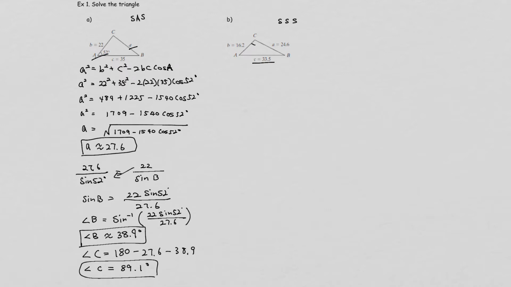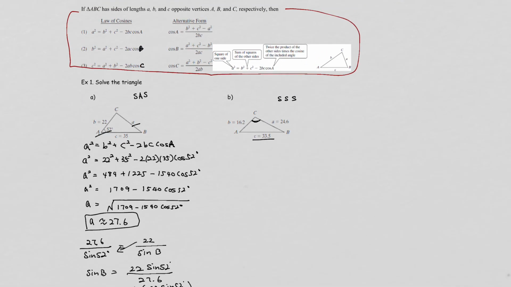It means your biggest angle is going to be C. So we want to find angle C first. So let me bring it up a little bit so I can show you the formula. This is the formula we're going to use. Cosine C equals a squared plus b squared minus c squared over 2 times ab.